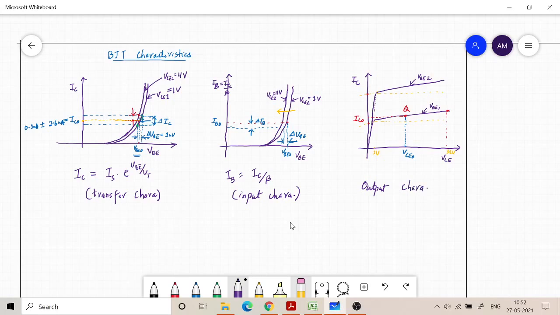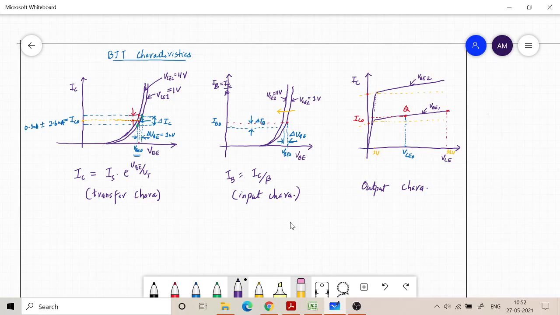Now the expressions which I have already written here assume that there is no dependence. This expression for IC, which is IS into e raised to VBE by VT, does not show any dependence on the output voltage. VCE is not there anywhere in this expression, and similarly IB is IC by beta. Beta is something like 100, and since IC doesn't depend upon VCE, we have not taken into account that dependency.